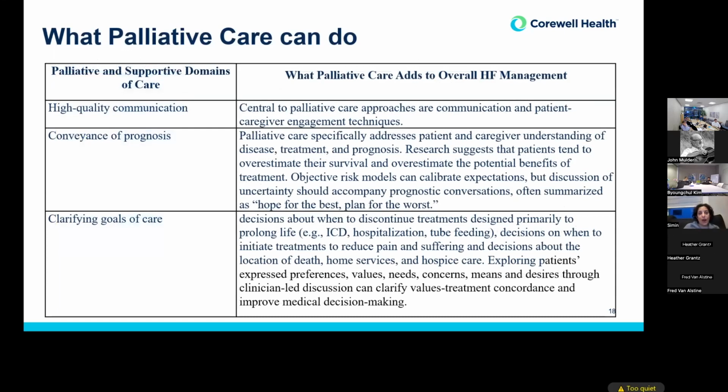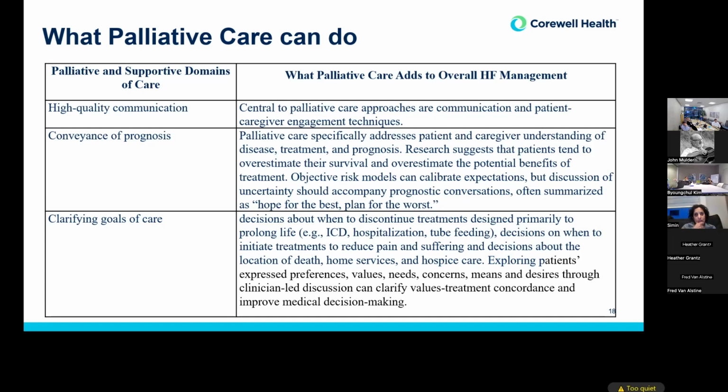So, why should palliative care be involved with these patients, and what kinds of things can we do? How can we be helpful? Well, we all know the high quality communication that is so beneficial for every patient with every disease process. But if you remember that graph where patients' quality of life goes up and down, it's not a linear graph.